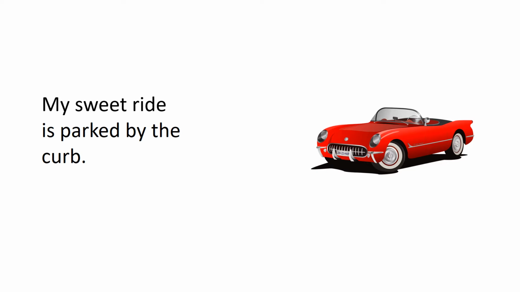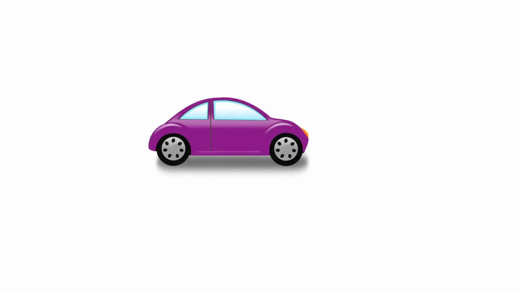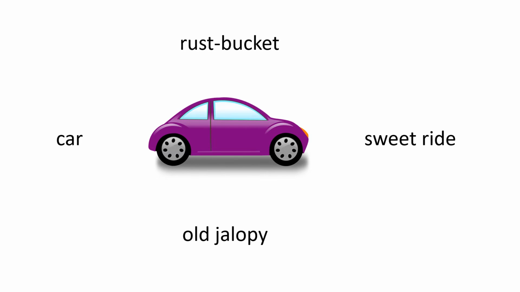Note that the term car here is more generic, and the other terms are more specific. For example, all jalopies are cars, but not all cars are jalopies, and all cars are certainly not sweet rides. An interesting thing, though, is that I can use any of these terms to refer to my car, regardless of its condition. Even if my car is a standard, run-of-the-mill, almost new sedan, I can refer to it not only as my car, but also as my old jalopy, my sweet ride, or my rust bucket.